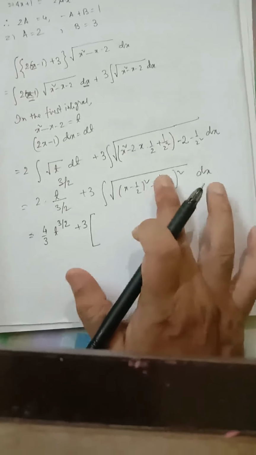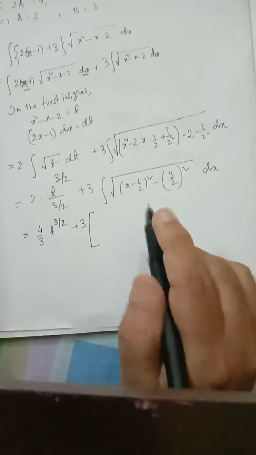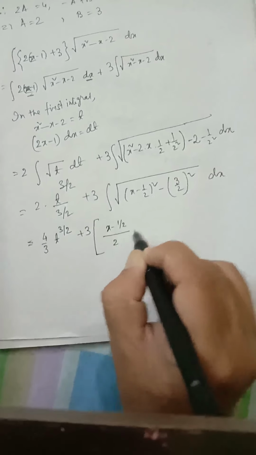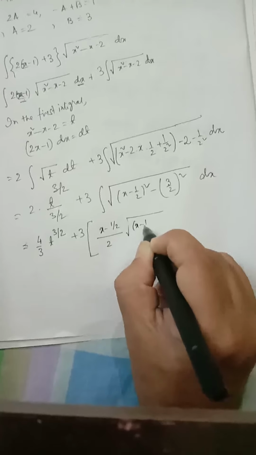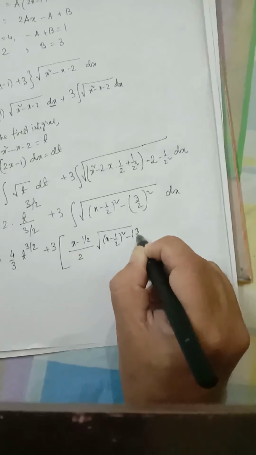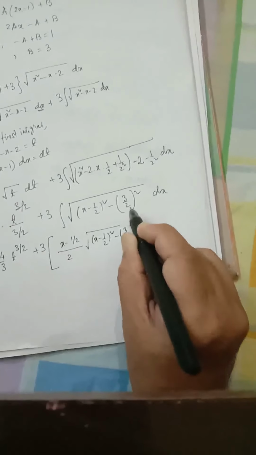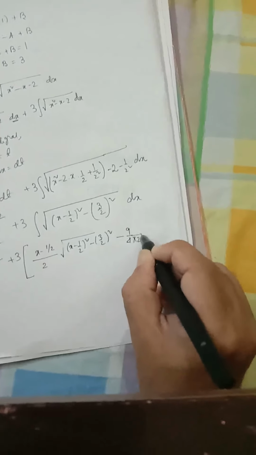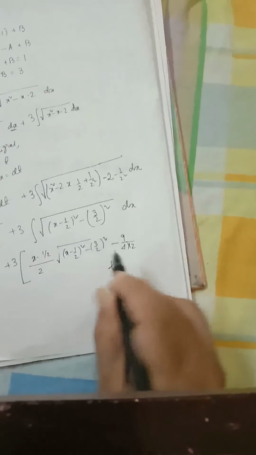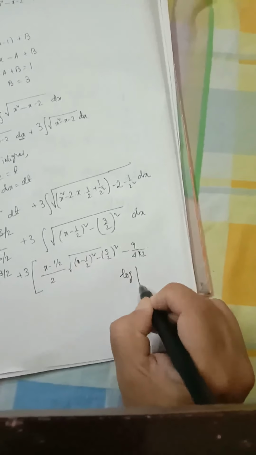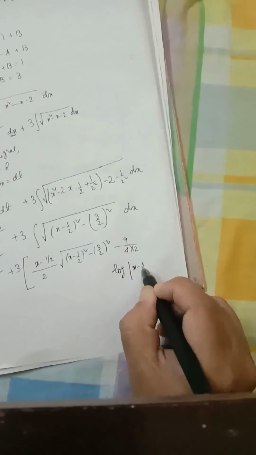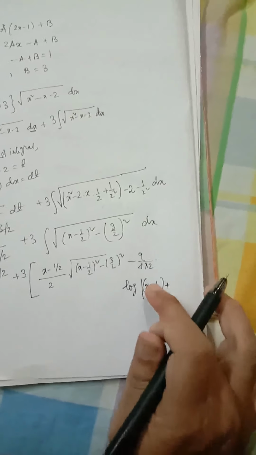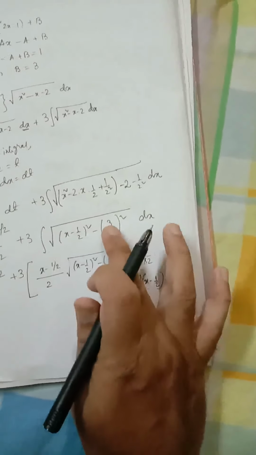This is of the form root over x square minus a square. So the integration will be x by 2 root over x square minus a square, this is the first part, minus a square by 2, which is 9 by 4 by 2, into log of x plus root over x square minus a square, where x is x minus half.